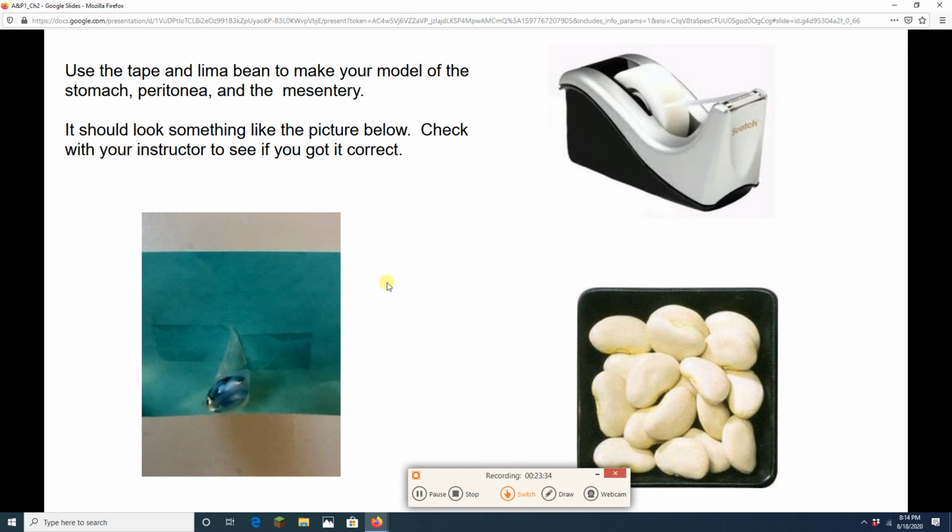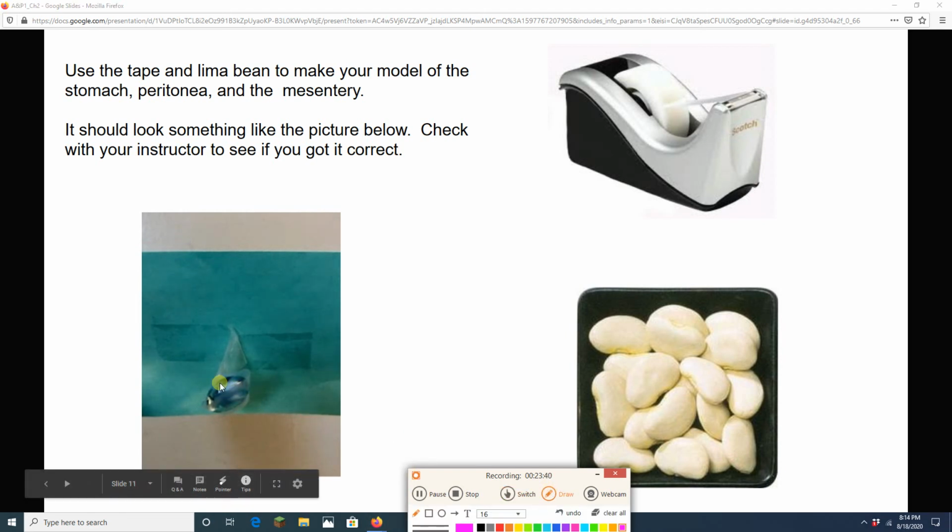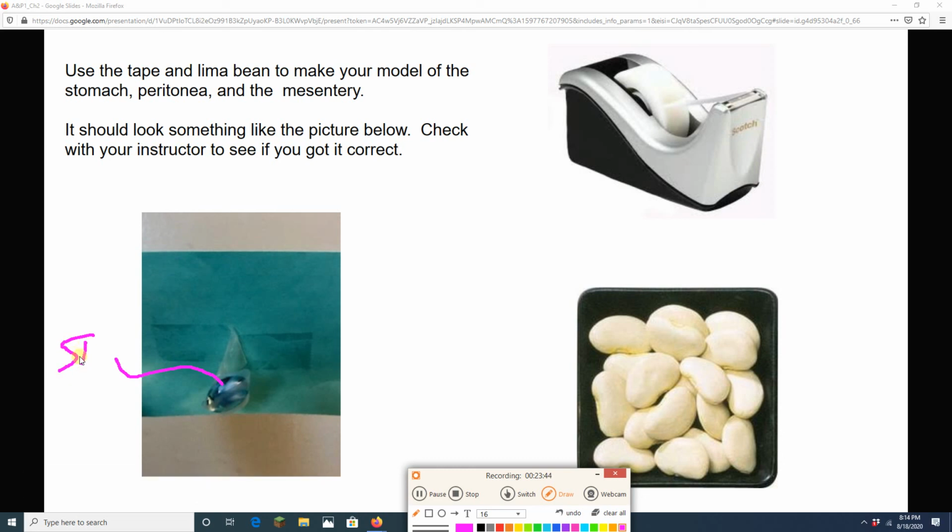So what they've done here is they've used, looks like they used a marble, maybe? The marble here represents an organ. Let's say the marble represents the stomach, okay? And there's some tape directly around that marble, directly around that stomach.